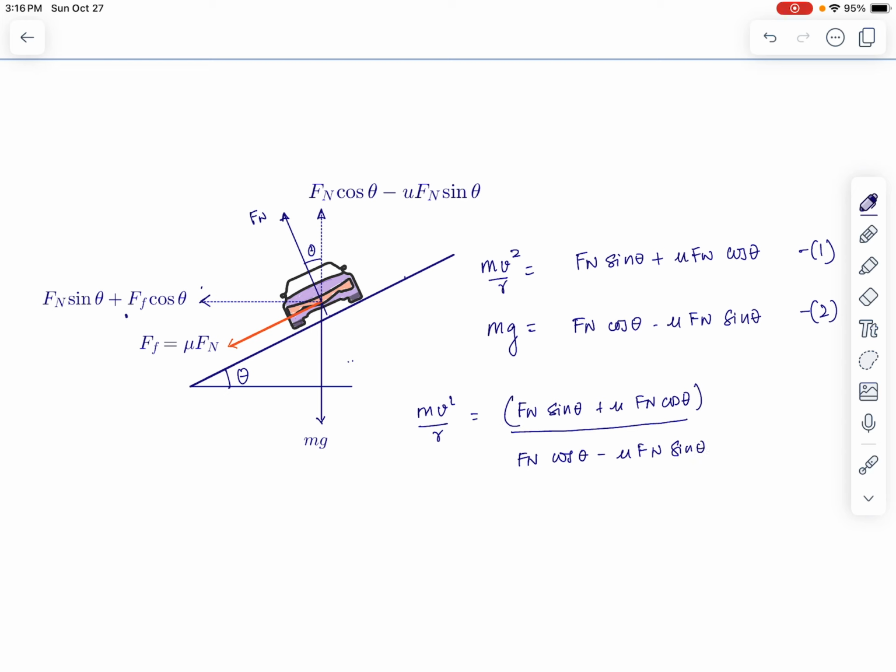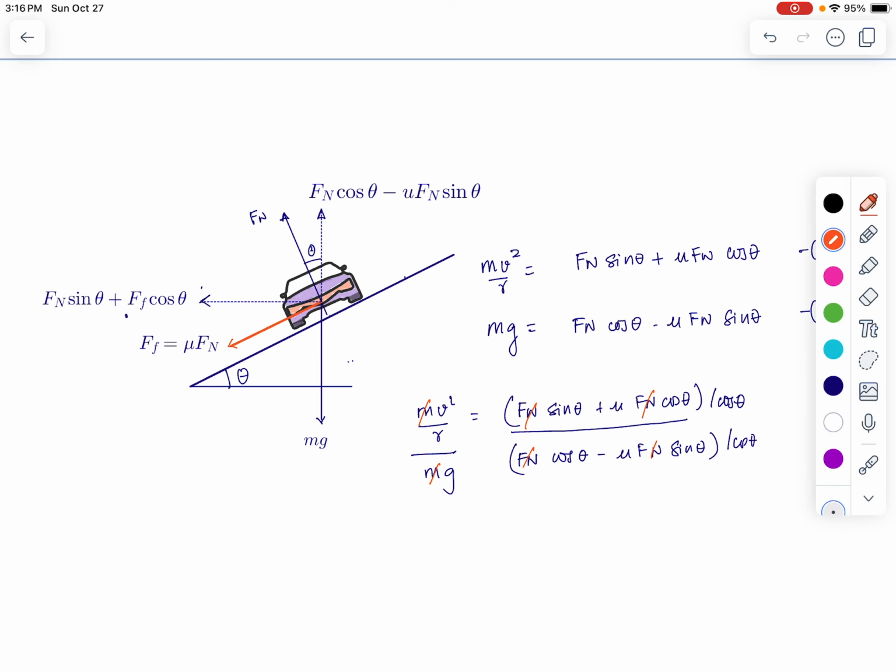And we divide here on both sides by cosine of theta. So what we see here is, there's one more term that I forgot to put in, divided by mg. Okay. So now the m's cancel out here, the Fn's all cancel out.